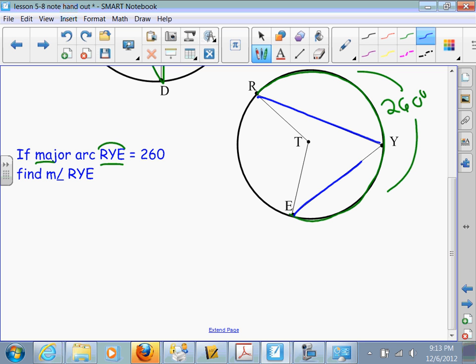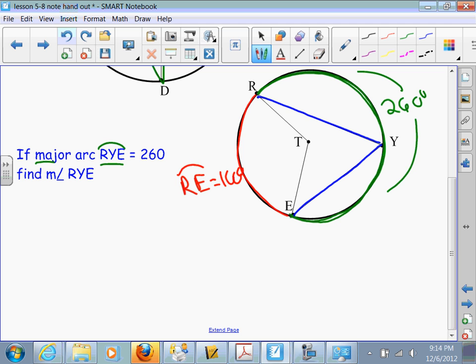This is a multi-step problem. This is putting everything together. If the distance from R to E is 260 degrees, then what is this remaining distance here? I guess maybe I shouldn't cross it out. I want to know what this is. Well, again, the distance all the way around the circle is 360. So if this piece here is 260, that means that minor arc RE, this here, is equal to 100 degrees.